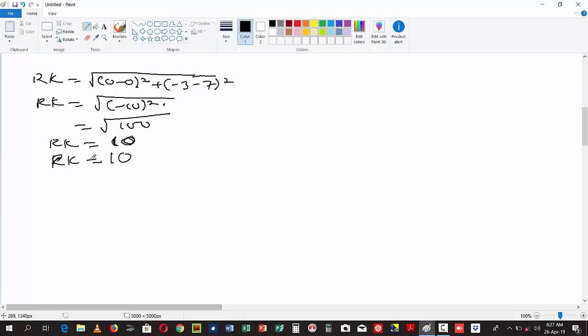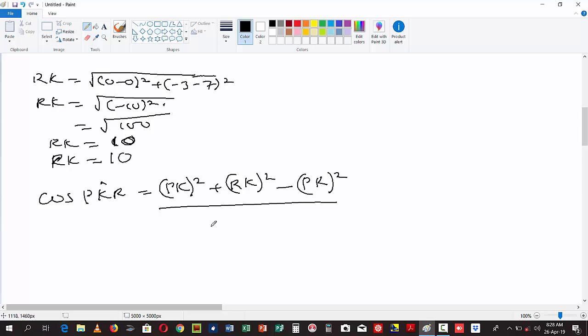Okay, we have all the three distances now. So we need this angle. We are going to apply the cosine rule. The cosine rule states that cos PKR is equal to PK squared plus RK squared minus PR squared, divided by 2 multiplied by PK multiplied by RK.